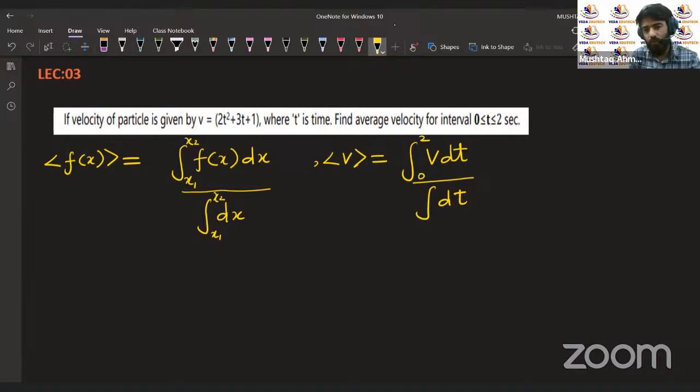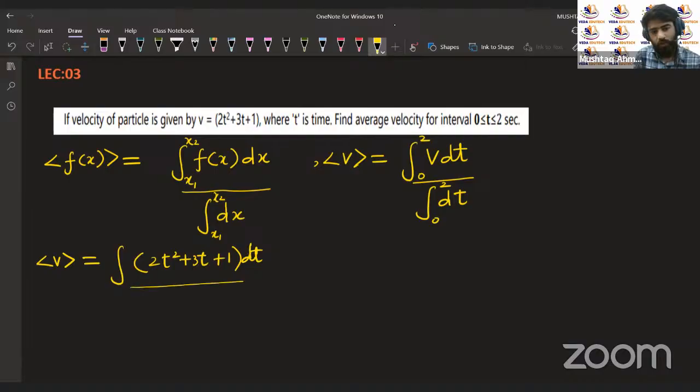So it will be 0 to 2 and 0 to 2 here, right? So our average velocity will be equal to the integral of v, which is given as 2t square plus 3t plus 1, so 2t square plus 3t plus 1 dt over the integral of dt. The limits here are 0 to 2 and also here the limits are 0 to 2, right?